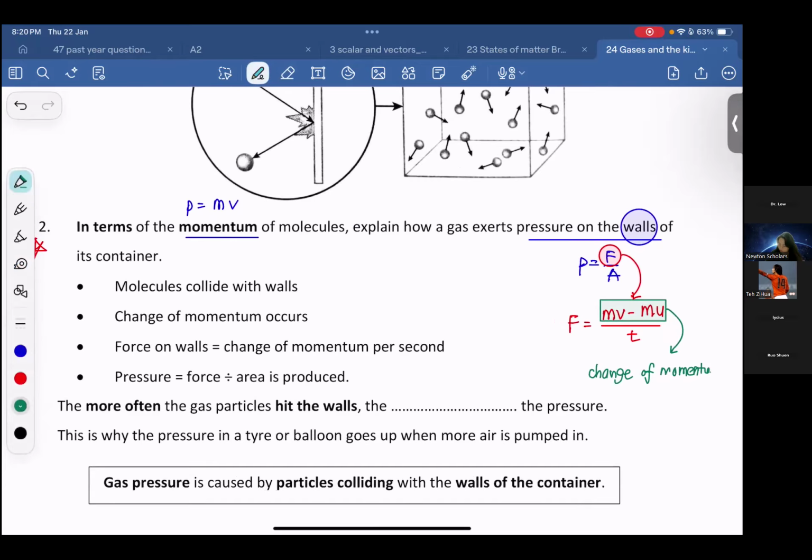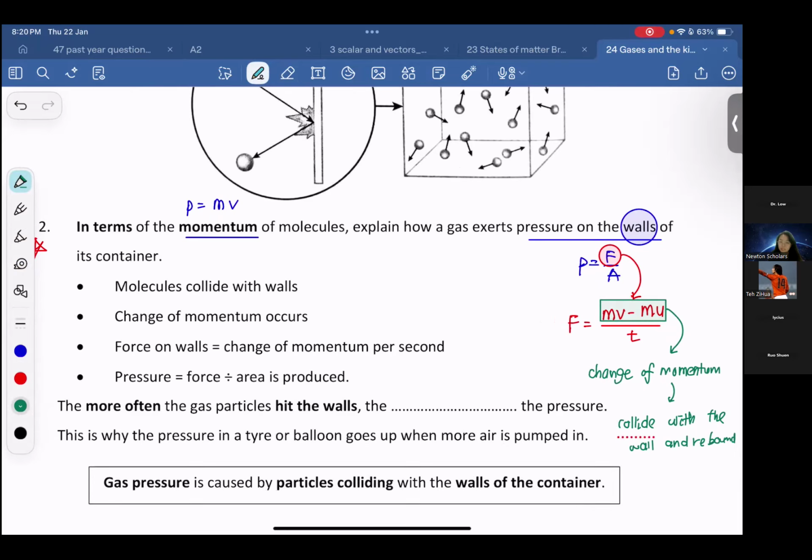Again, the change of momentum is because of what? It's because the particle collides with the wall, hits and rebounds.